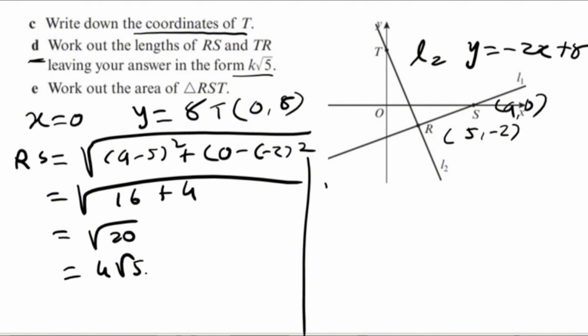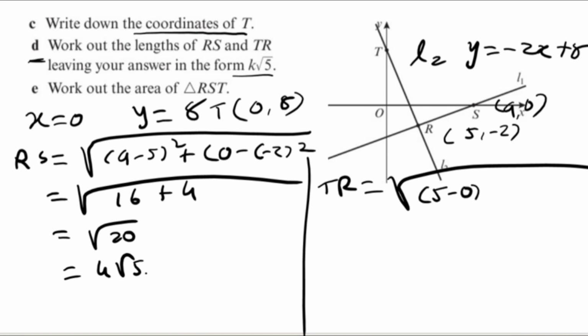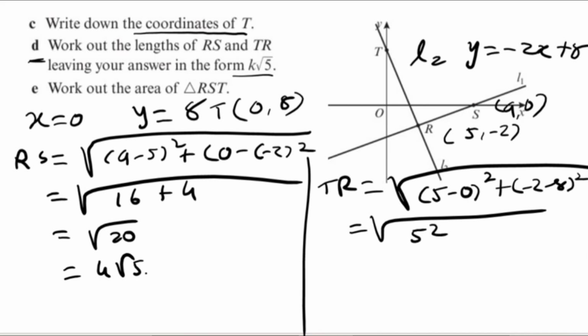Now find TR. So TR is equal to, we can use the coordinates T and R, (5 - 0) squared plus (-2 - 8) squared. That will give me 5 squared plus 10 squared, because -2 - 8 is -10, squared.